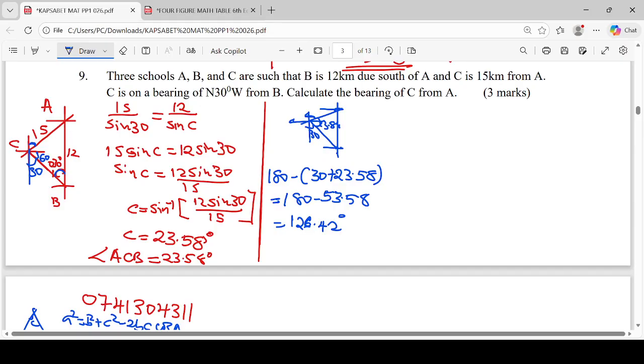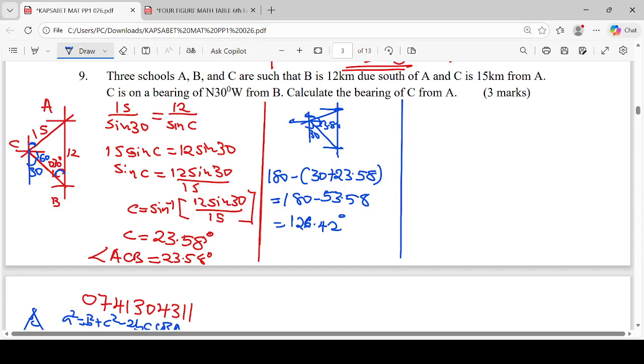So the bearing of C from A will be, I'm just trying to see, the bearing of C from A. We are now getting the bearing of C from A. What's your take on the bearing of C from A, ladies and gentlemen?